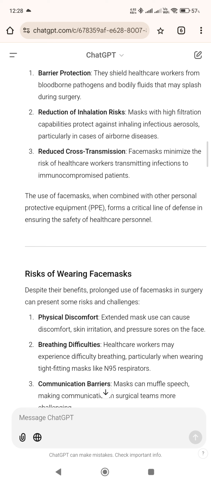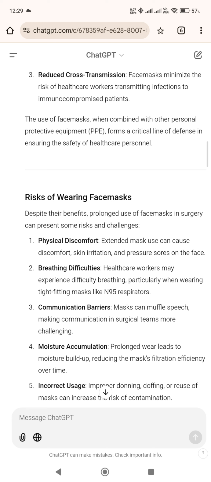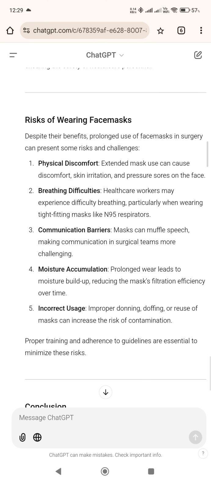Masks with high filtration capabilities protect against inhaling infectious aerosols, particularly in cases of airborne diseases. 3. Reduced cross-transmission. Face masks minimize the risk of healthcare workers transmitting infections to immunocompromised patients. The use of face masks, when combined with other personal protective equipment, PPE, forms a critical line of defense in ensuring the safety of healthcare personnel.